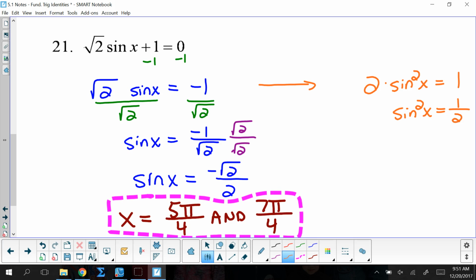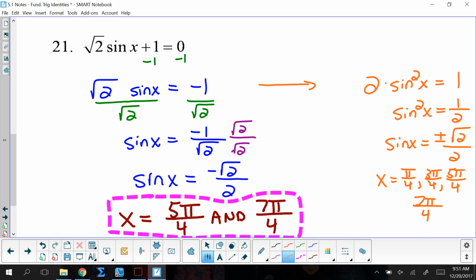Square root both sides. Sine of x equals plus or minus the square root of 2 over 2. That gives me x equals pi over 4, 3 pi over 4, 5 pi over 4, and 7 pi over 4.